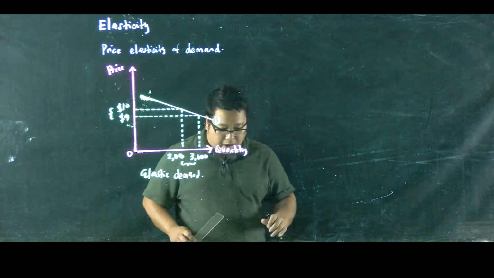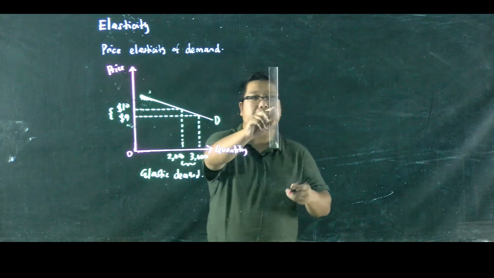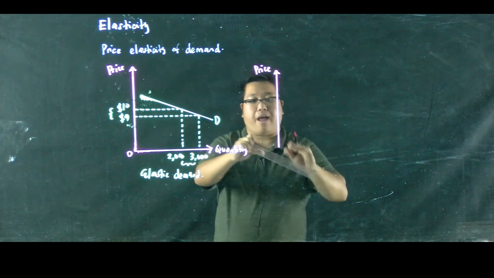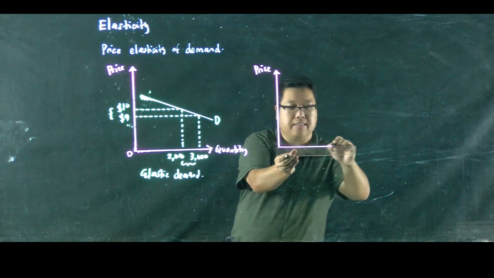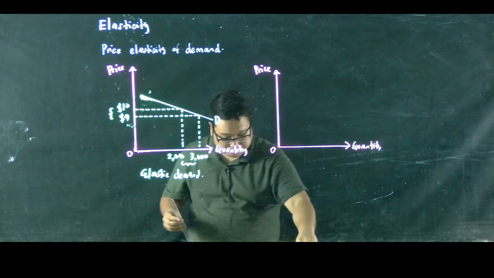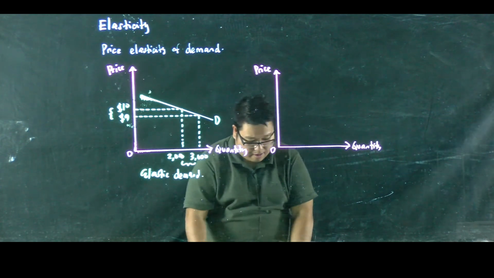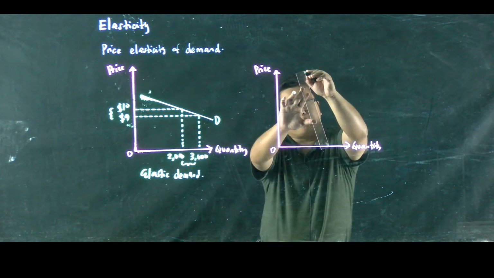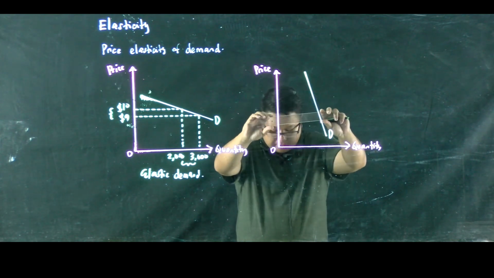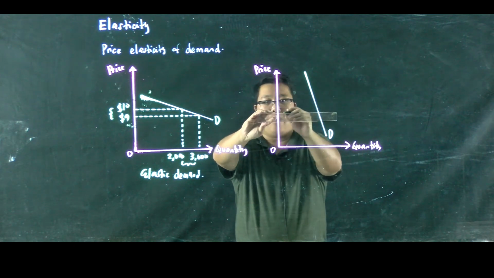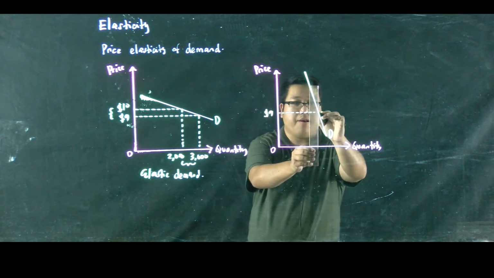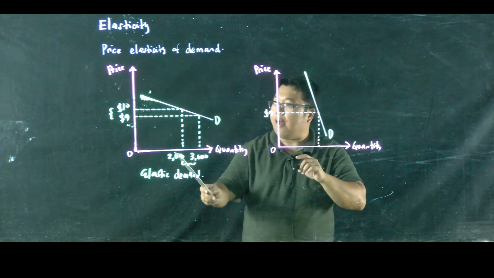Now, let's look at the other case where you have an inelastic demand. So for the case of inelastic demand, again, we have price on the y-axis, quantity on the x-axis, and say our demand curve looks like this. I will call this D. And say we have here $9 and quantity is at 3,000.